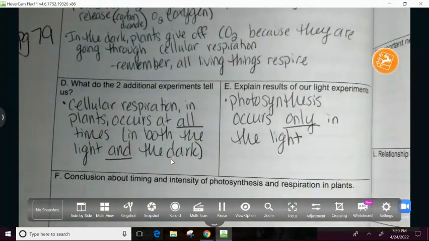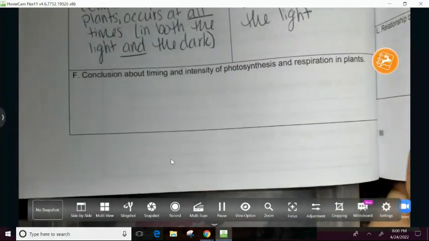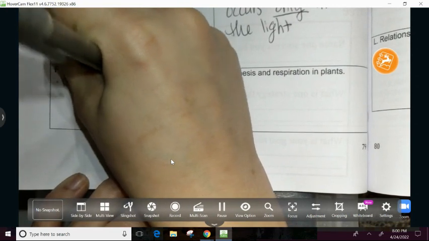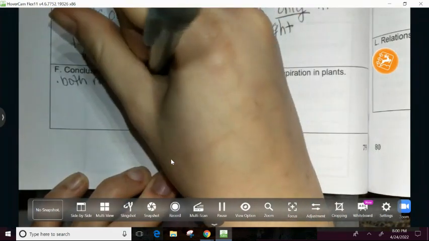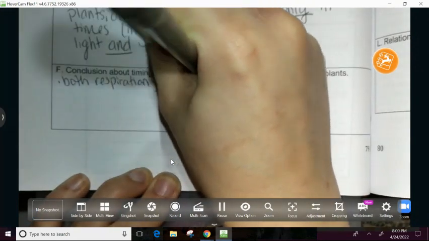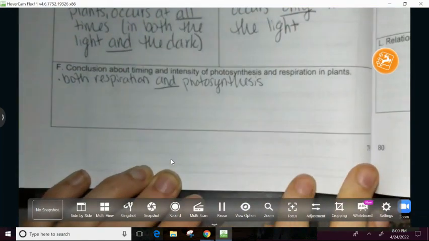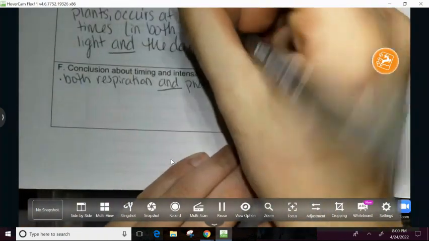So then if we conclude this, that means that both respiration and photosynthesis happen in light.